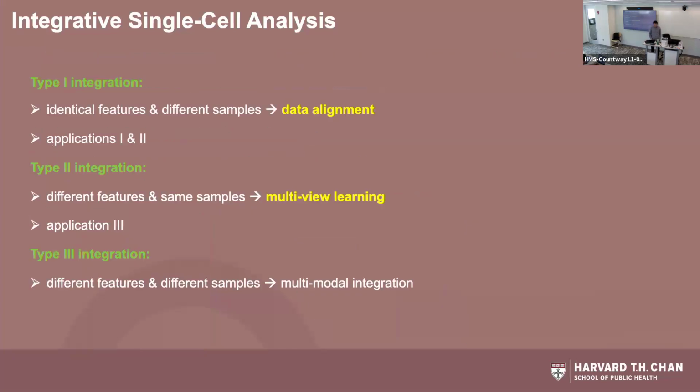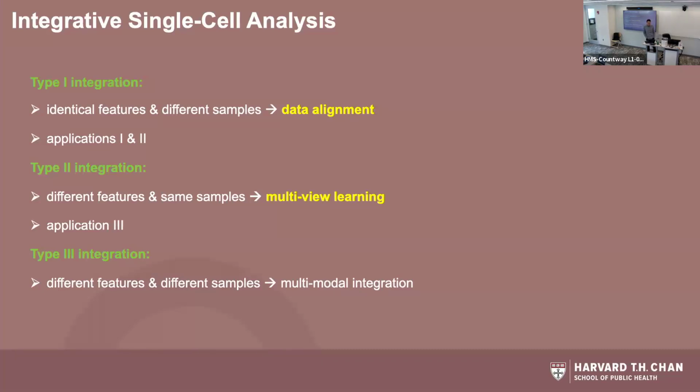Yeah, so briefly summarizing what we just talked about, we can classify the current integration tasks into three major categories. In the first category, which includes our examples 1 and 2, the integration means that we have basically identical features, like a list of common genes or a list of peaks from chromatin accessibility or whatever.